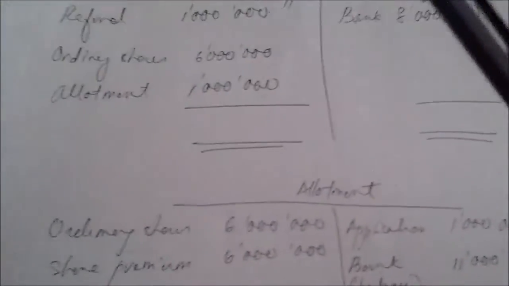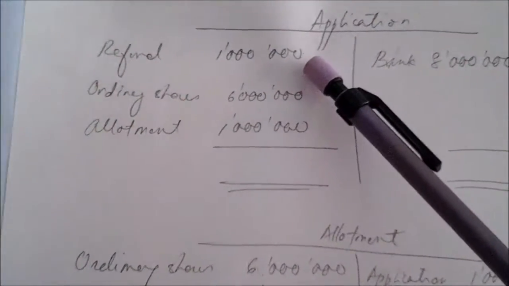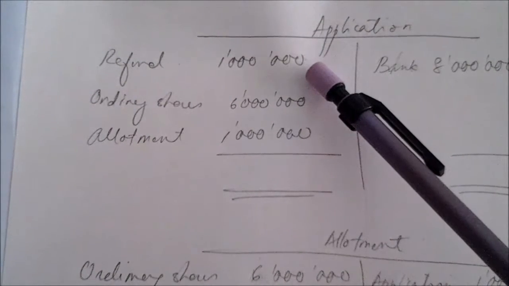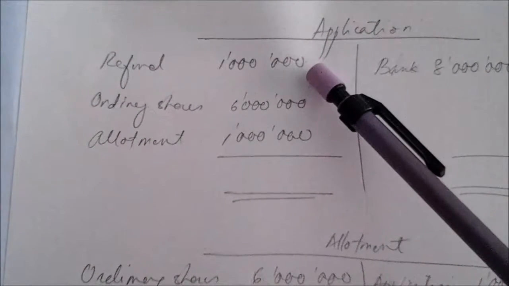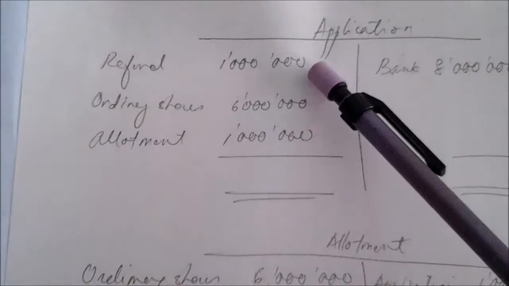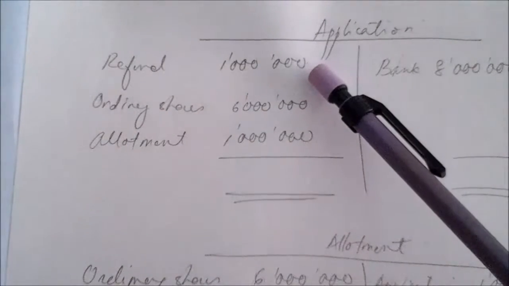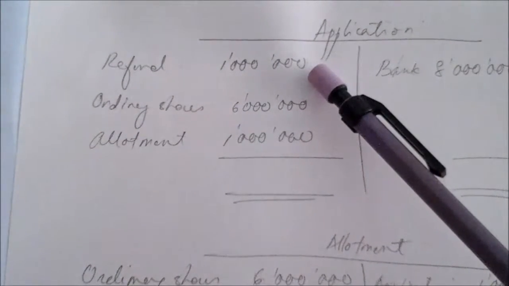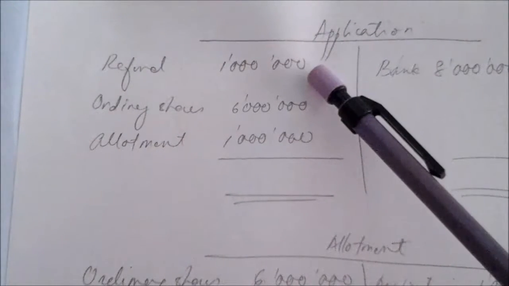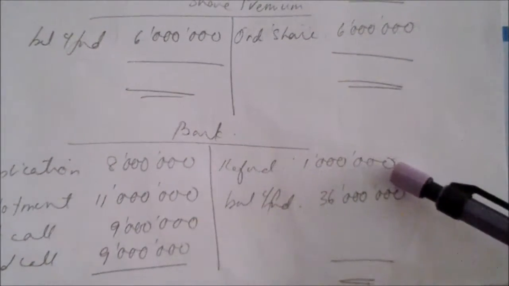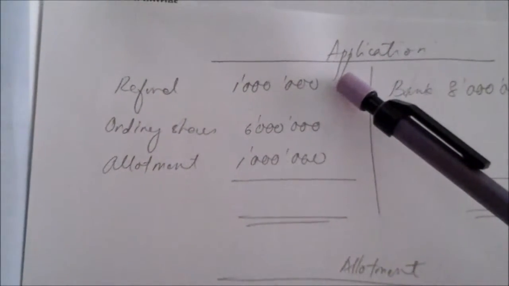And then the 1 million is the 5 million unit shares which we rejected earlier. The director says we will reject the 5 million. The value is RM 1 million, so we credit bank and debit the application account.